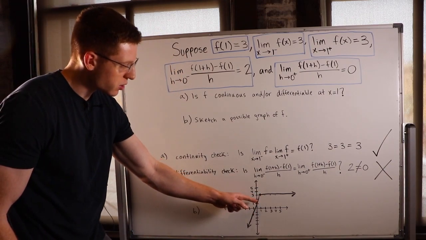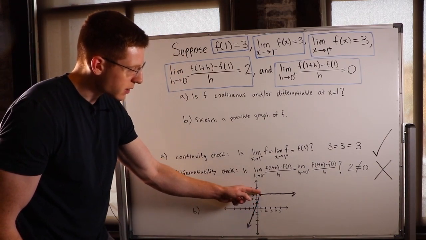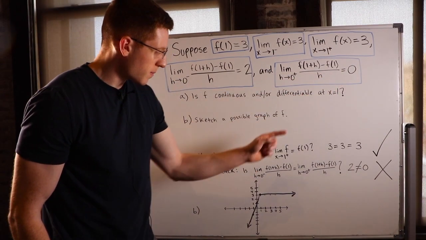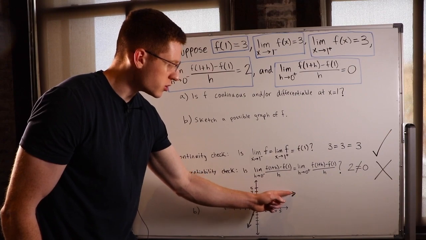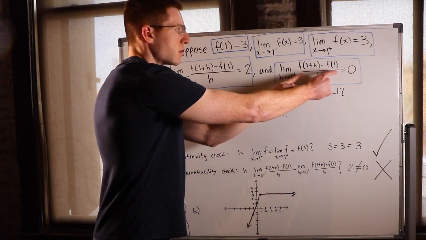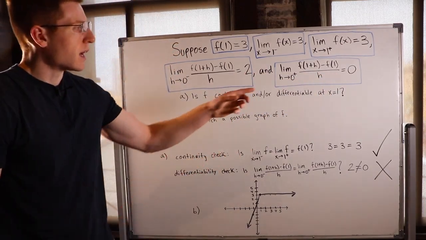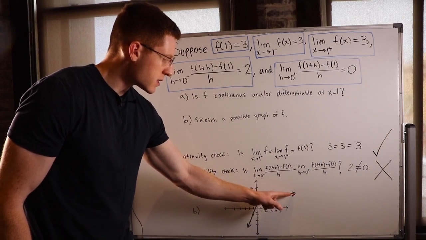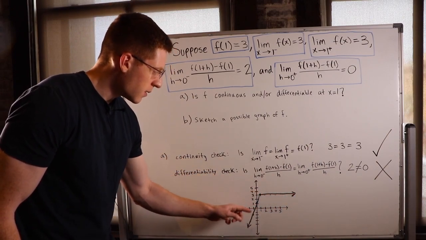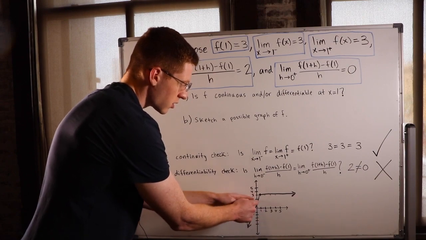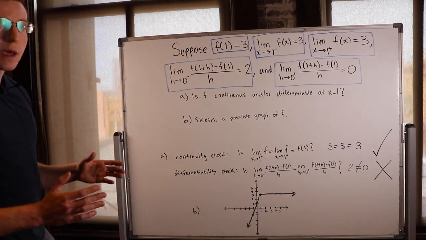So the slope is 2 leading up to x equals 1. And this means that the slope is equal to 0 past 1, or approaching 1 from the right side, right? Because this is the definition of the derivative for f at a equals 1 from the right side. So that means that this slope is 0, and from approaching x equals 1 from the negative side, the slope must have been 2. So I hope that makes sense.